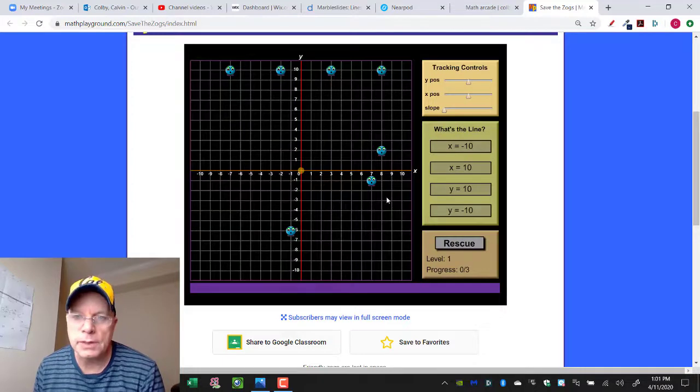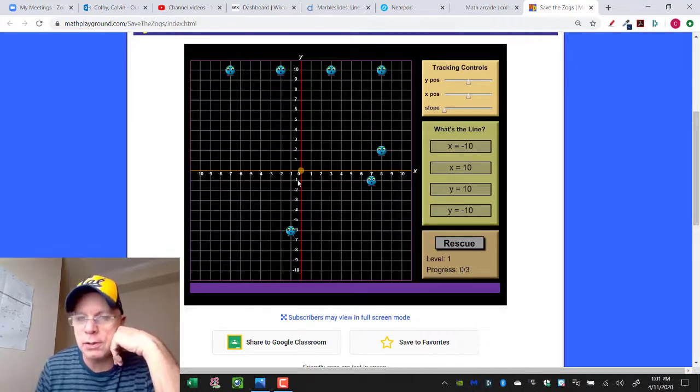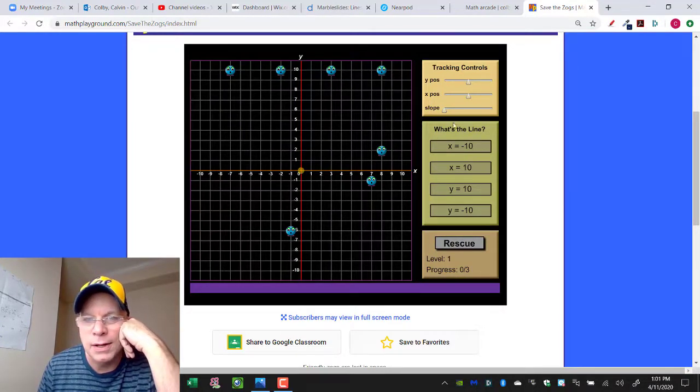So I want to show you some controls before you go off on your own. You have tracking controls. This Y position, if I drag this, you see that little green line that moves up or down as I change the Y position?